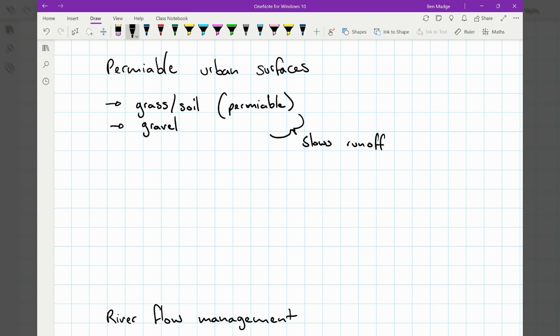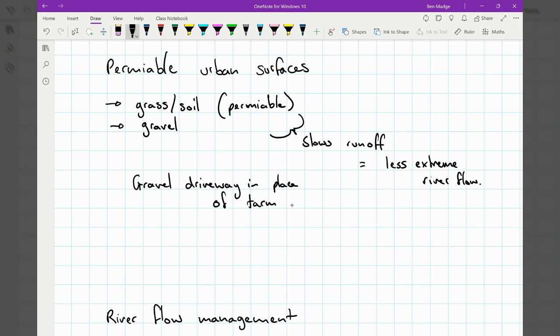That reduces the chance of extreme river flow, where we would have flooding potentially downstream. So this might mean having a gravel driveway in place of tarmac or asphalt.